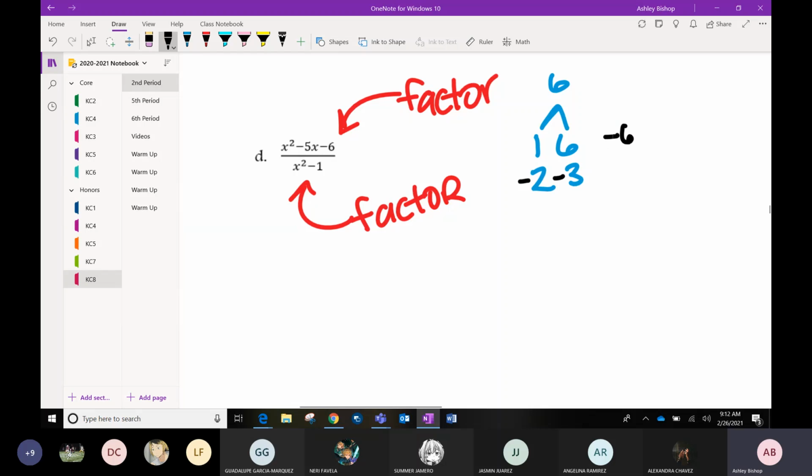Only one of these is going to work, and I have to keep my eye on the prize, which is -5. I can get that 2 ways, but I need them to multiply to -6. -2 times -3 is going to get me a +6 when I multiply them, so it's not going to be that one.